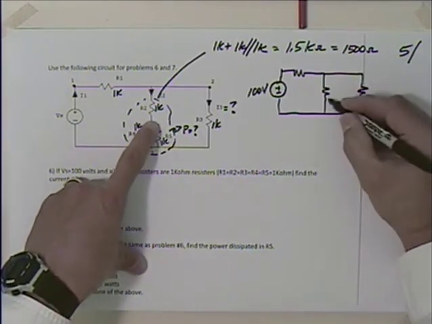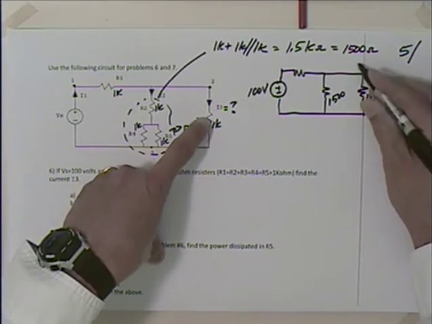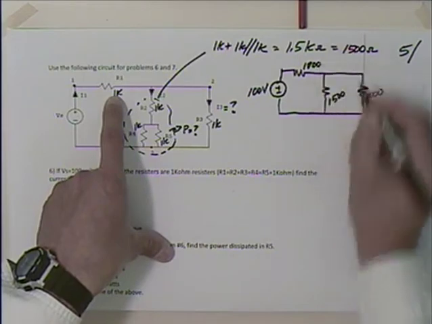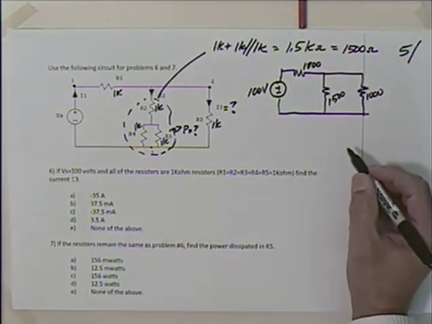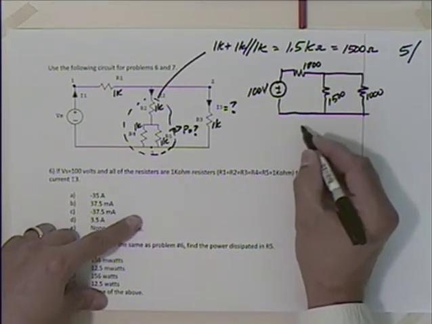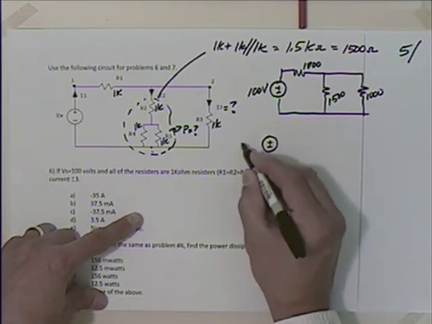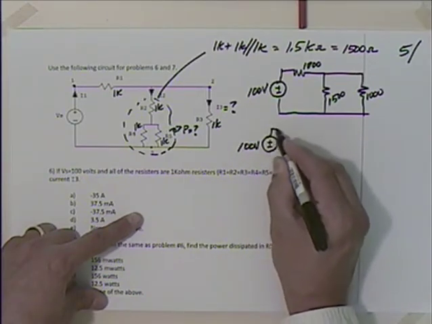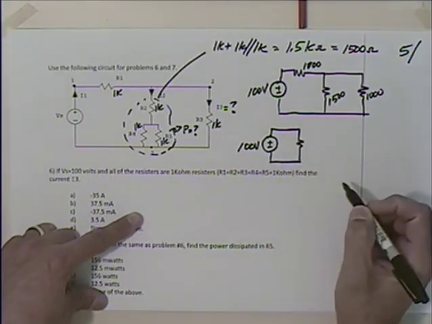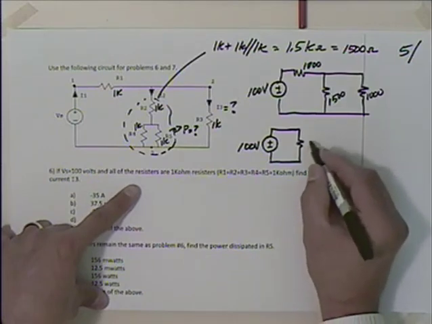I said this was 1500. This is still 1K, so let me call it 1000 if I'm going to use 1500 there. And this is 1K. Again, I will call that 1000. So if I were to come up with the total resistance here, what would I have? If I were to reduce this to a circuit with one resistor, what's that going to be?